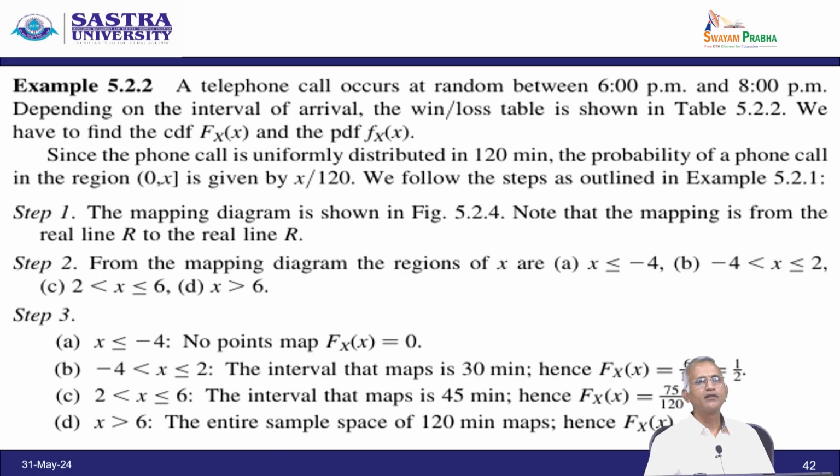Between the interval 2 and 6 we have 5 by 8, because the map is 45 minutes, 75 by 120, therefore 5 by 8. For x greater than 6, it is 120 by 120, which is 1. So, the answer comes directly if you know the data of the distribution: 60 minutes, 45 minutes, 30 minutes and 120 minutes. We can directly apply it to get the solution for the cumulative distribution function.